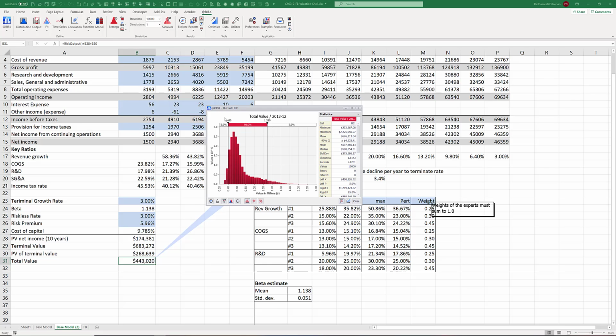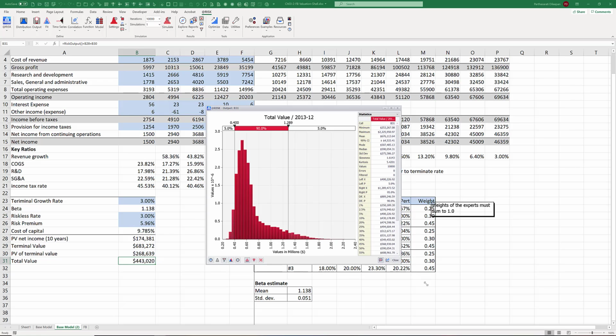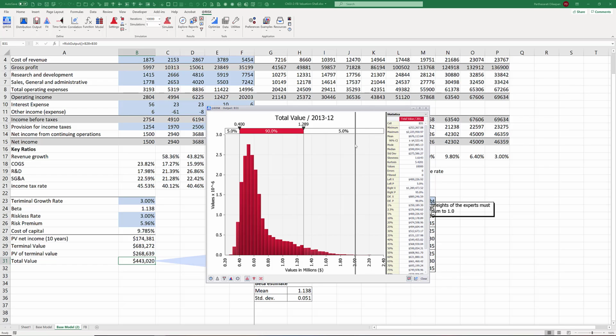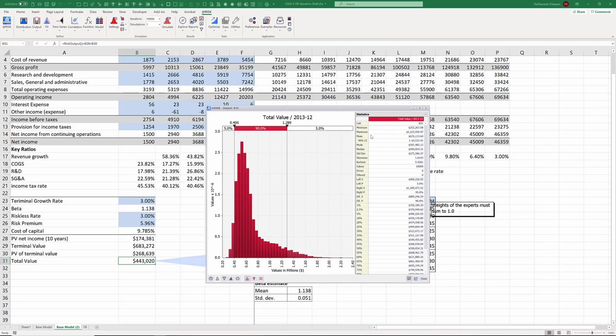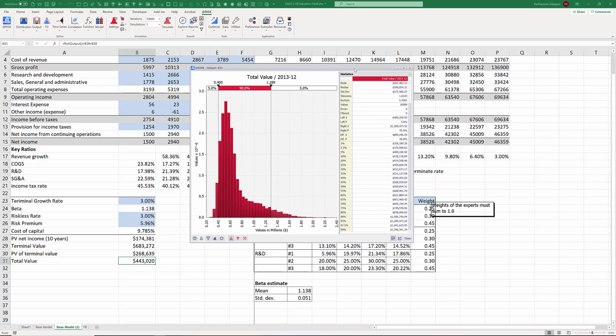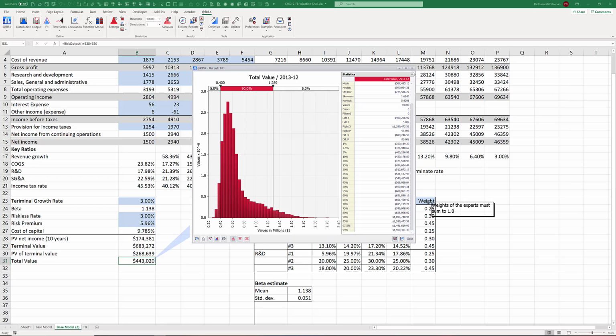Here is the middle 90%, and we have the more detailed statistics. So the 1st percentile, and then the 99th percentile. And you can have 2.5% and 97.5%, which will give you 95% of values in between. And then you have the standard deviation and so on. So you can study this and analyze this.